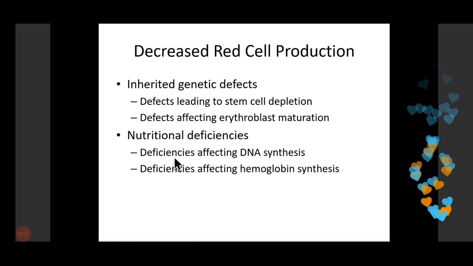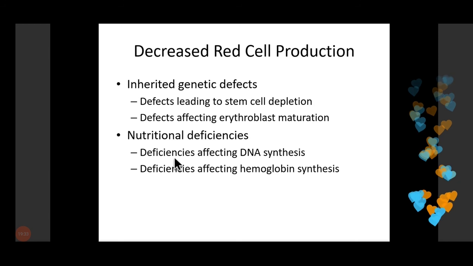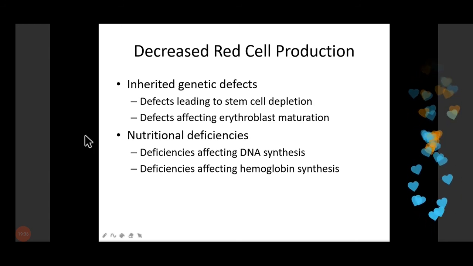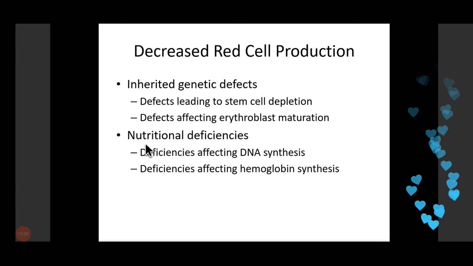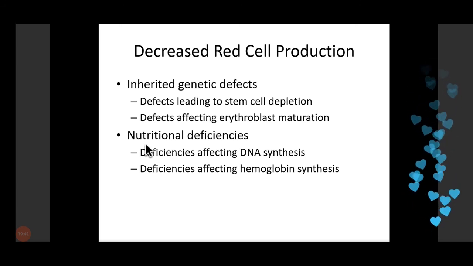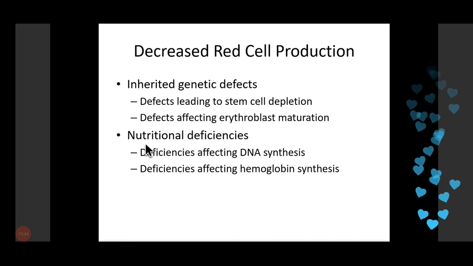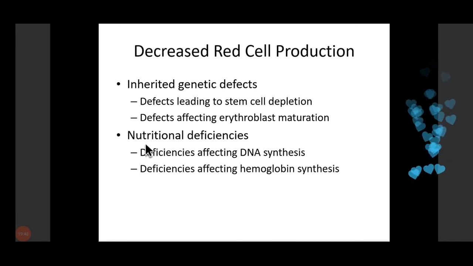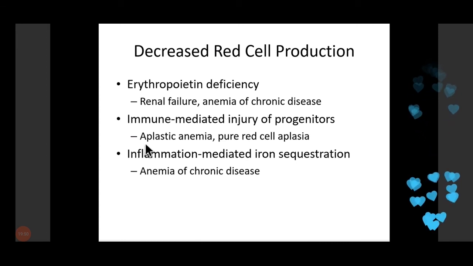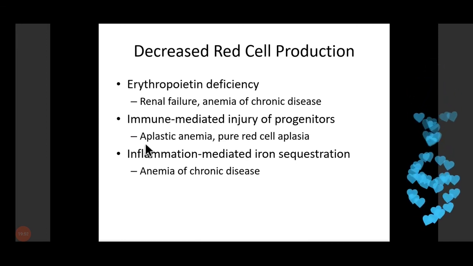Decreased red cell production can be inherited defects at the stem cells or erythroblasts, or nutritional deficiencies affecting the DNA synthesis or affecting hemoglobin synthesis. DNA synthesis is affected mainly by vitamin B12 and folic acid. This will be done in subsequent lectures. Erythropoietin deficiency, erythropoietin comes from your kidney.